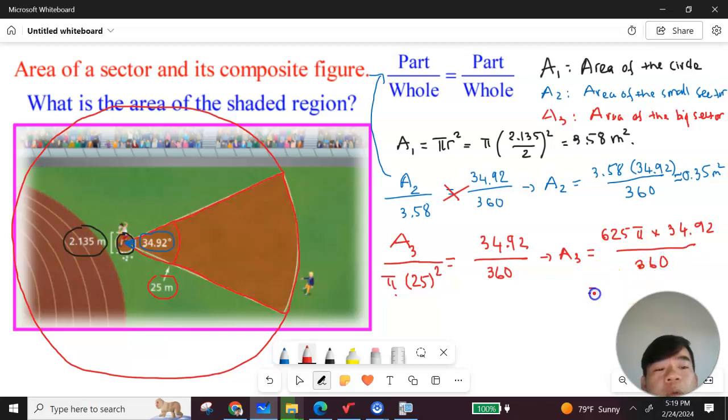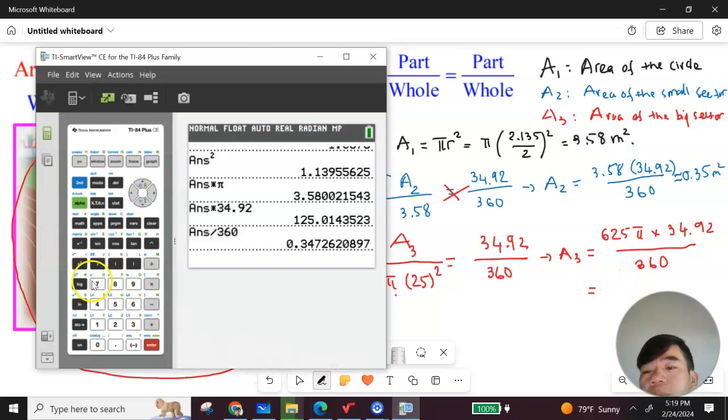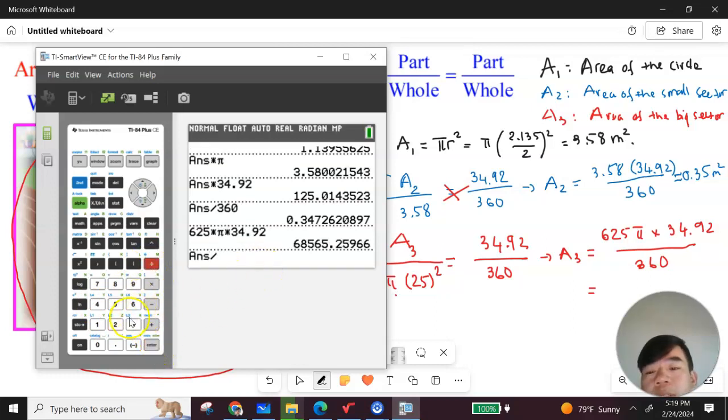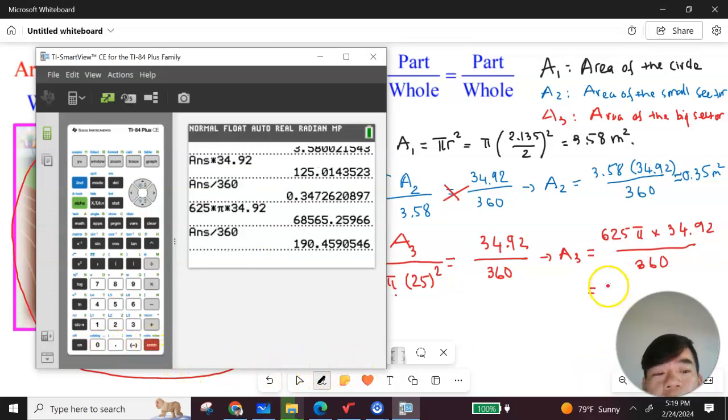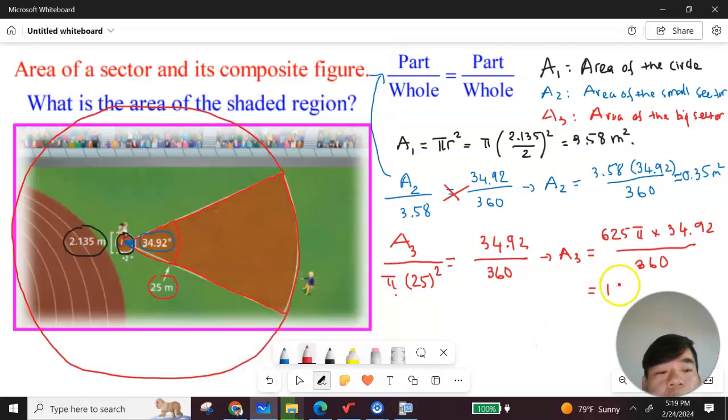Now you hit the calculator. 625 times pi, times 34.92, and then you divide by 360. It's around 190.46.